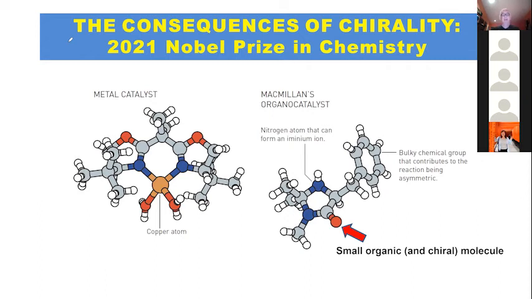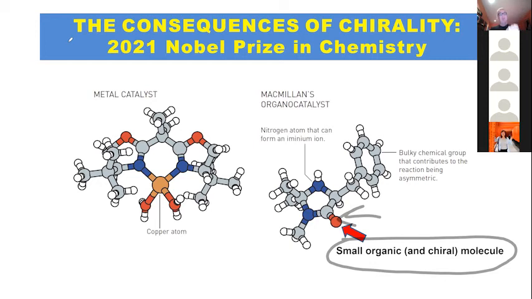So the idea they came up with was using a small organic compound as the catalytic center, because this is chiral. So if you start with a small chiral molecule, the molecule you make is going to be chiral too.